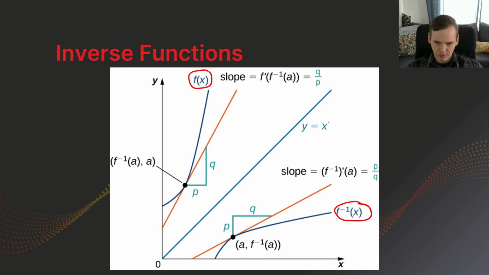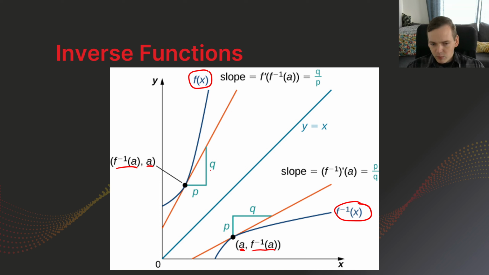In other words, it's reflecting it across the y equals x line. So if we switch our x and y values, then, for example, this point right here is a, f inverse of a. So we're writing this point with respect to the inverse function. That means there's an equivalent point over here that's f inverse of a and a.